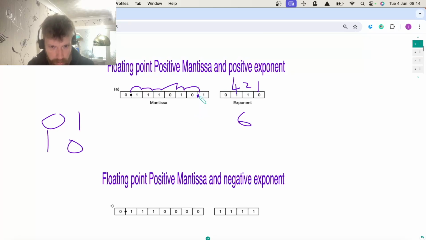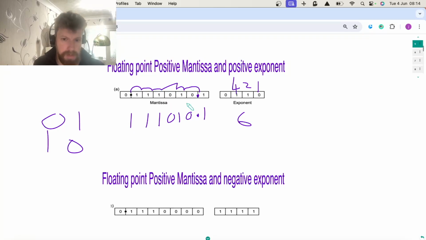Put a little decimal point there, and then I'm going to redraw my number just so that I can remember where everything is. So 0, 1, 0, 1, 1, 1. Then I just put the numbers over the top of it. The decimal point is here, so that's going to be 1, 2, 4, 8, 16, 32. And that's going to be 0.5.